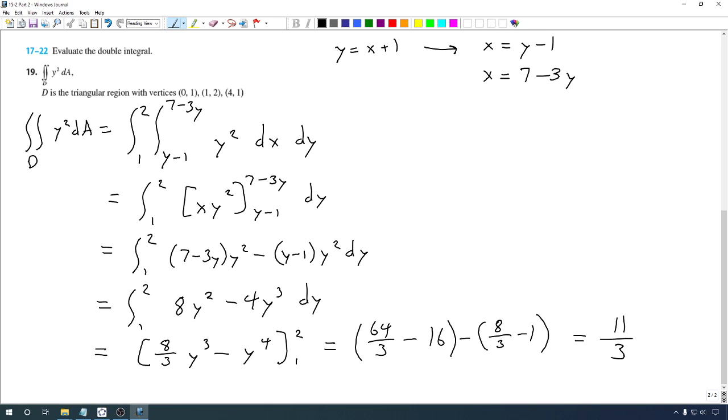As you can tell here, a lot of the issue is going to be the setup. Can we figure out what we're going to be doing with our region? How do we set that up in terms of type 1 or type 2? And once we get the integral, it's almost straightforward, assuming that the actual integration step isn't too nasty.